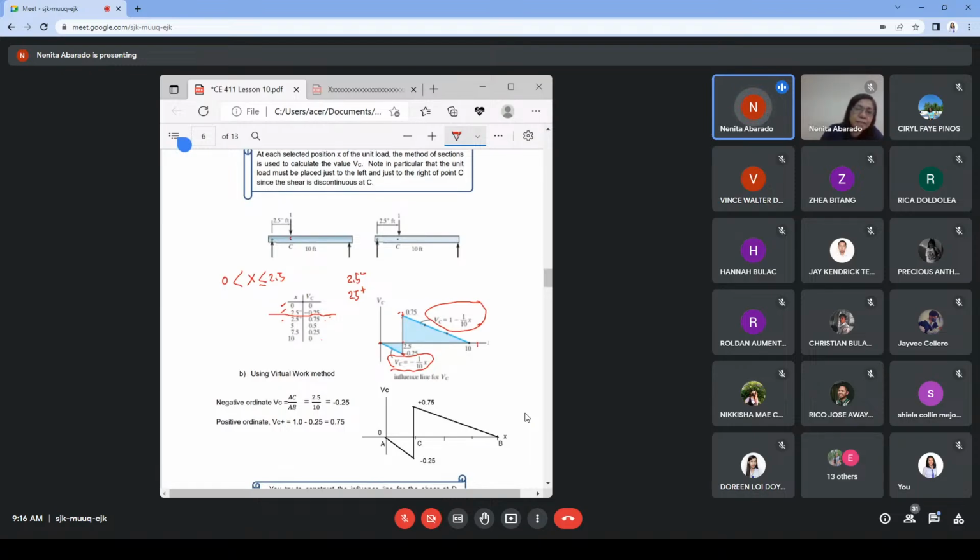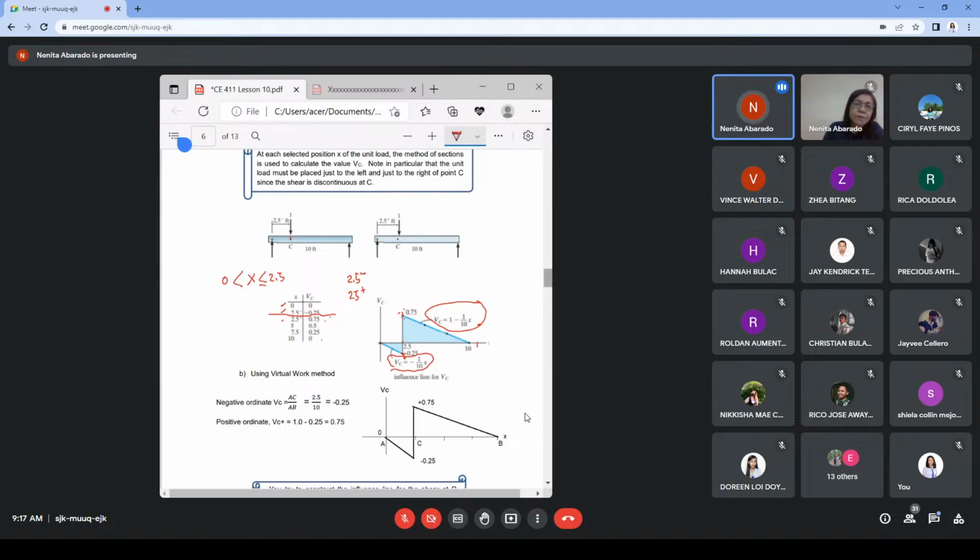Take note, class, that by Euler's laws, these values should always add up to 1. 0.25 and 0.75, when added, give 1. So that is the influence line diagram for shear at point C.